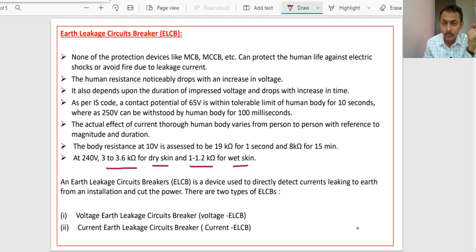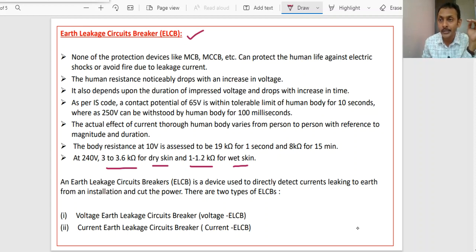So here, depending upon the body resistance, the magnitude of voltage, and the time period for which he is exposed to the leakage voltage difference, all these parameters will decide the amount of shock, right? In order to protect human beings or operators from electric shock, these earth leakage circuit breakers are utilized.